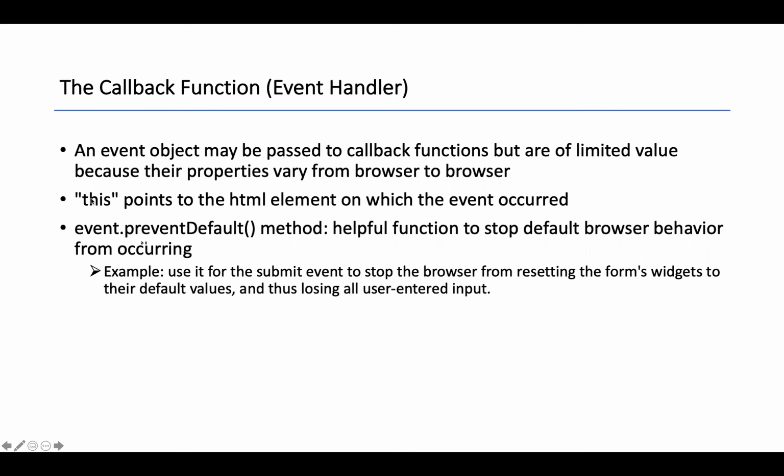And then every function has a this pointer implicitly defined, and that this pointer points to the HTML element on which the event occurred. So that is very helpful as well.